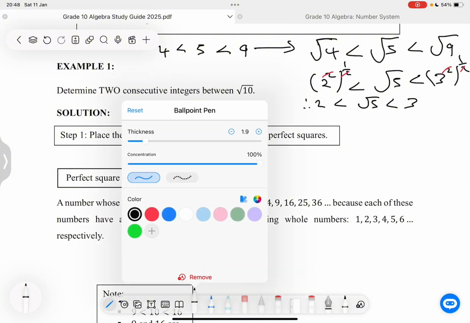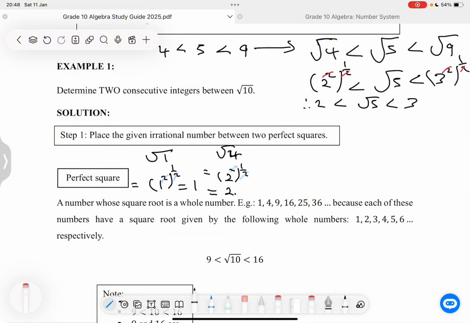Do you see that this 2 is a whole number? It's a number that's sitting there, right? It's a whole number. So it means 4 is a perfect square. It's a number that when I take the square root, I get a whole number. You can continue doing this, maybe even for 9.